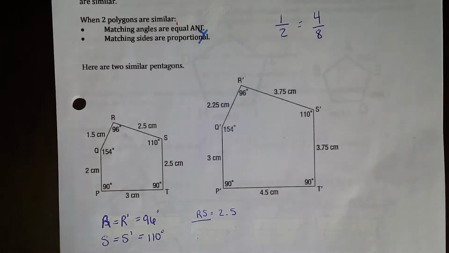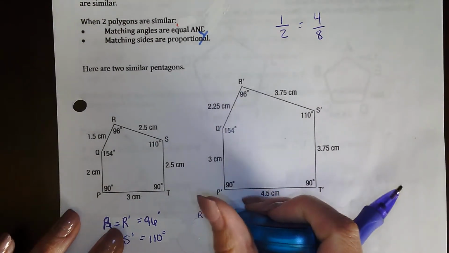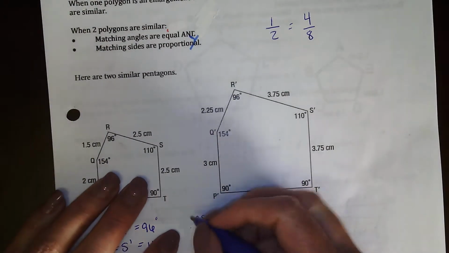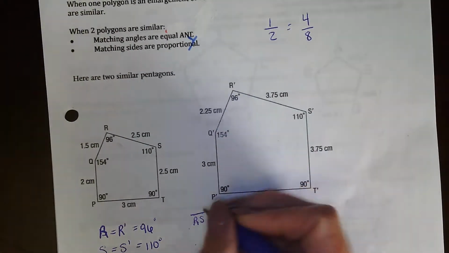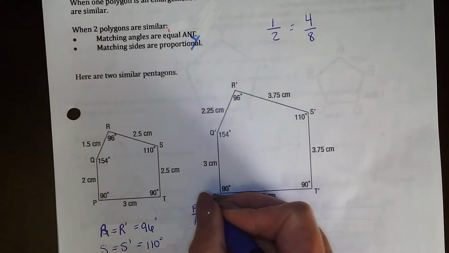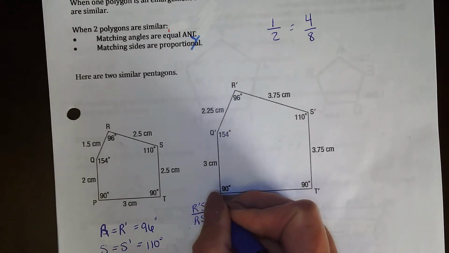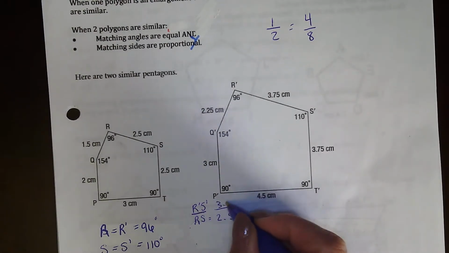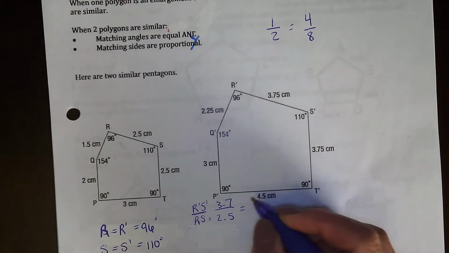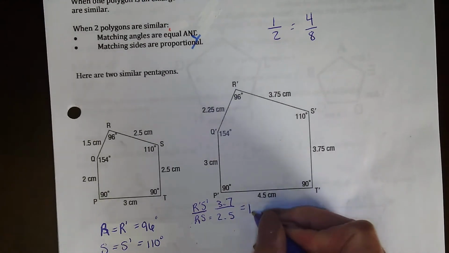Just going to make a little change there. So RS, and I'll make the larger one just on top, R'S'. That one was 3.75. And so if I divide those two numbers, I get 1.5.